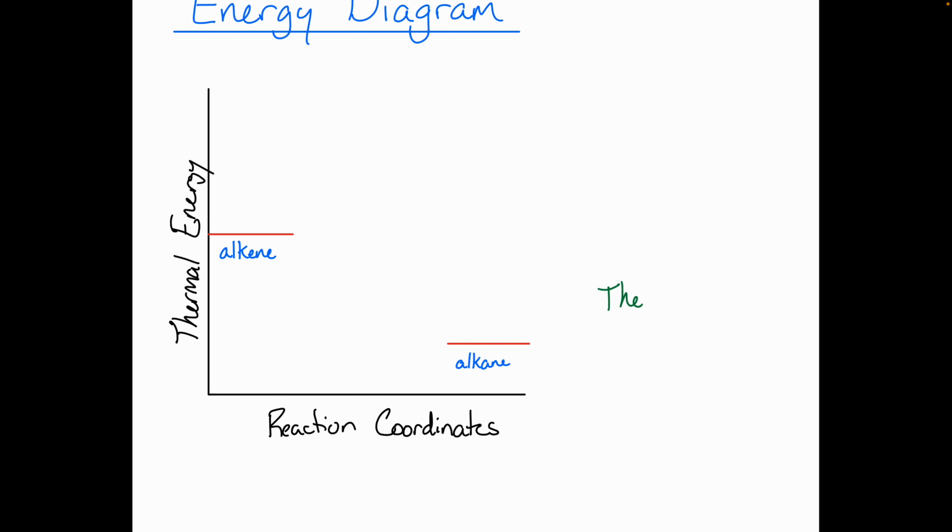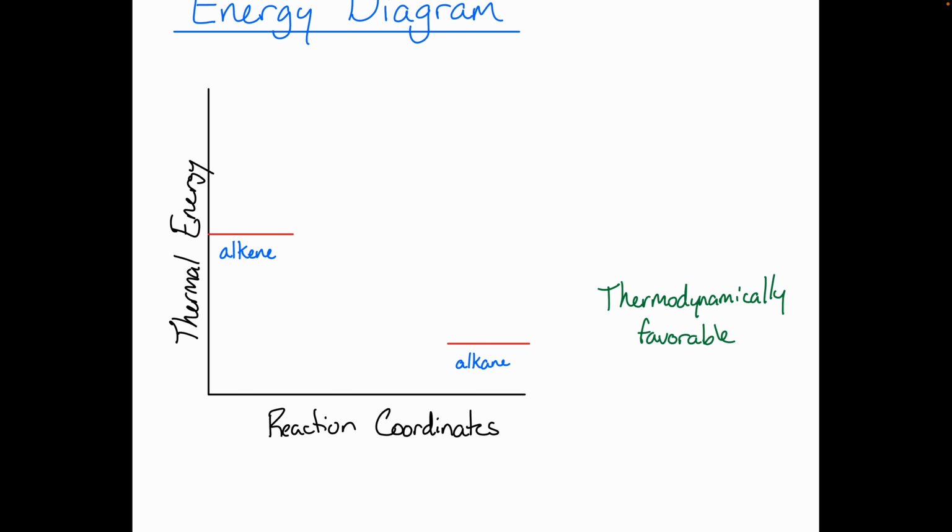Okay, this reaction is thermodynamically favorable. We decrease in energy as we're hydrogenating our alkene. We talked about thermodynamics a lot last semester. Remember, the only thing that matters in thermodynamics is where you're starting and where you're finishing.